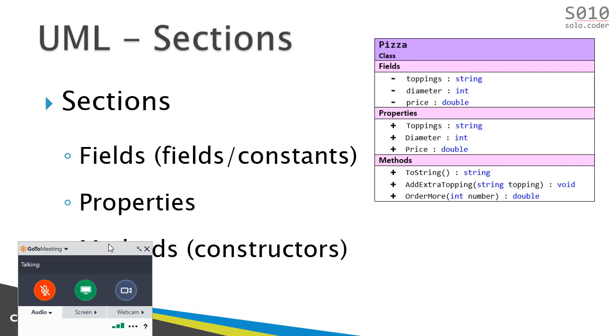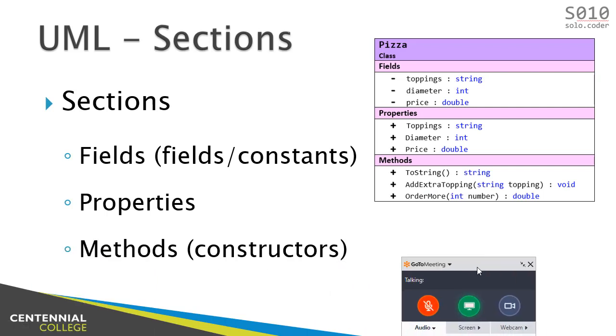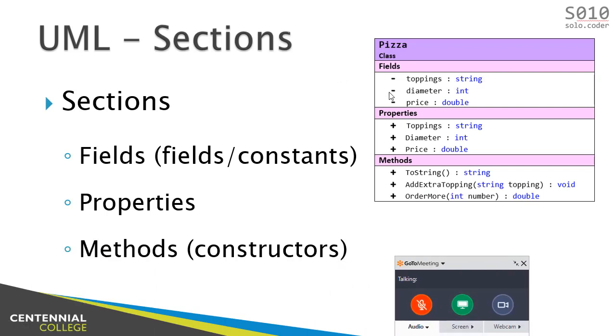Okay, let's see. So, as I mentioned here, in the field section, we're going to have data fields. Constants will be there as well. We didn't talk about constants yet, but we have constants there as well. We have properties. Inside the methods area, we're also going to be finding constructors there.